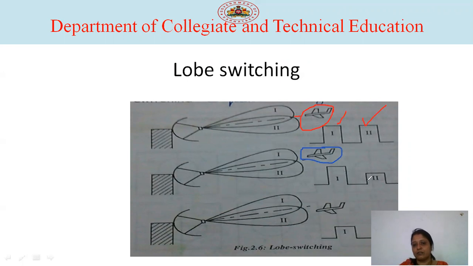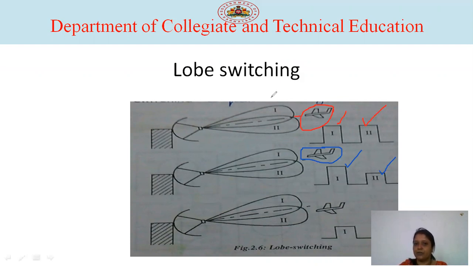In the first position this is the strength of the echo signal, and in the second position this is the strength of the echo signal. Now just try to analyze what the conclusion is. The first position strength is high compared to the second position. Therefore that implies the target is closer to the first position.